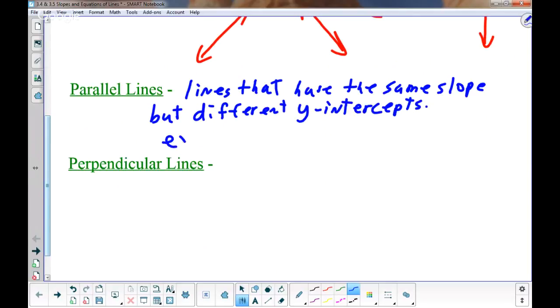For example, we have y equals 2x plus 3 and y equals 2x minus 5. You see that they both have the same slope, but different y-intercepts. So that means they are parallel.